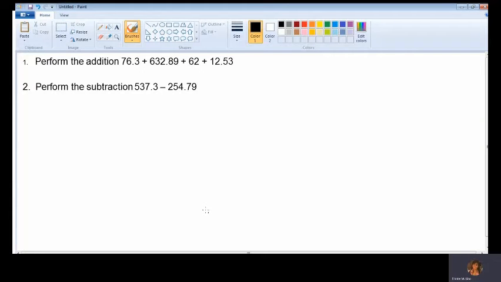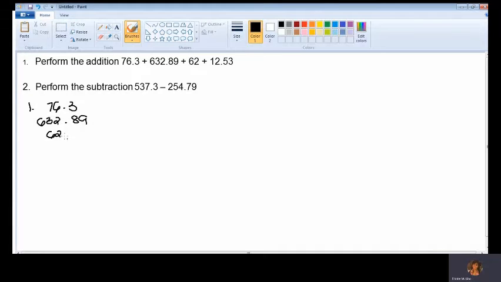Example number one is addition. What we are going to do is first line up the decimal points. So example number one: 76.3, 632.89, 62.